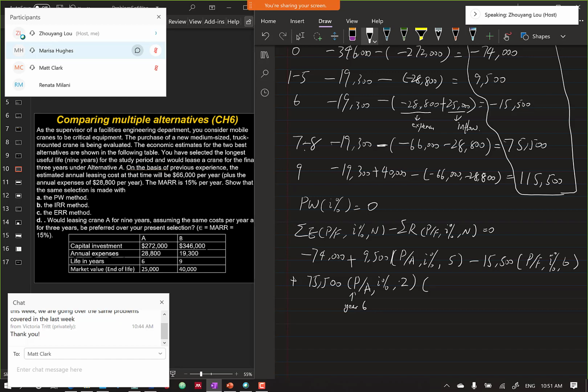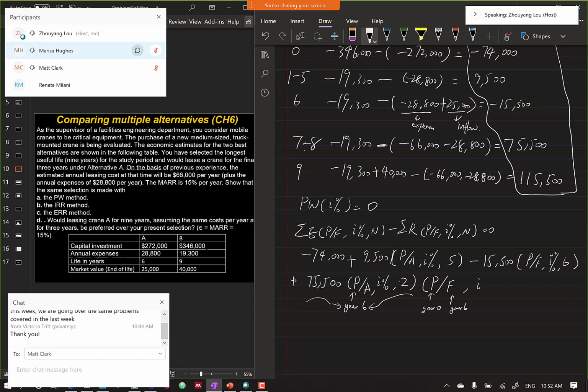Since this present worth is at year 6, we need to further apply another factor, calculating the present worth at year 0 given the future value. That's the cash flow on year 6.